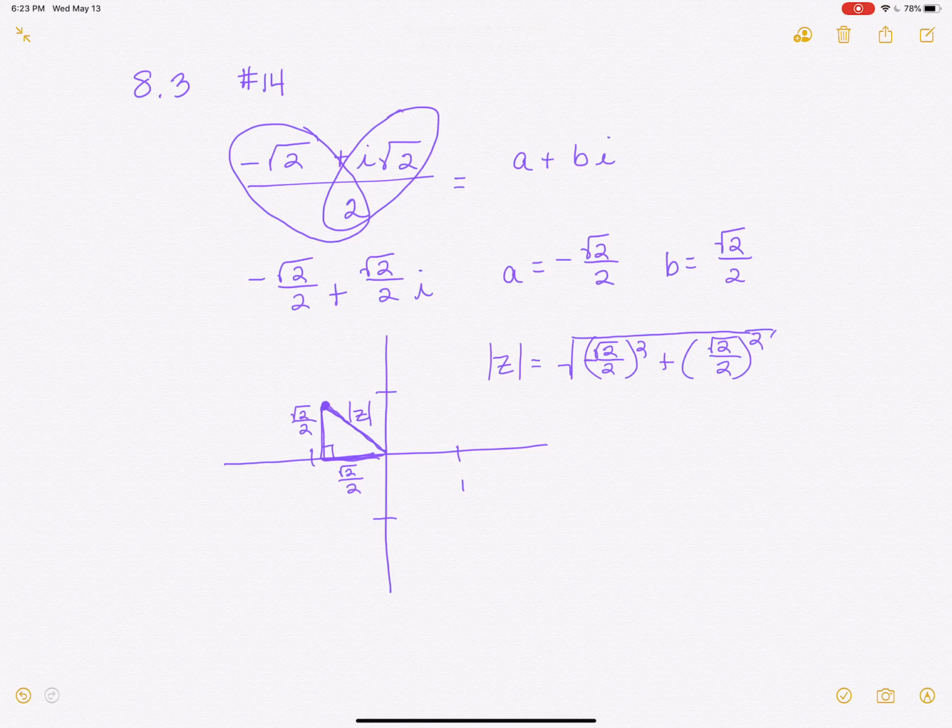But that's going to give me square the top, square the bottom, so that's going to give me the square root of 2 over 4 plus 2 over 4, which is the square root of 1/2 plus 1/2. And 1/2 plus 1/2 is 1. So we're looking at the square root of 1, which is just 1. So this length, this modulus, is 1.